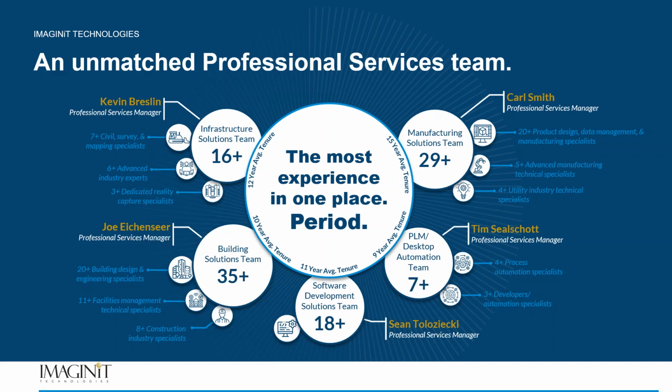So if I look at this diagram, Kevin up in the upper left, he's got an infrastructure team. They do civil work and stuff with water and things like that. Joe's team is a substantial building and construction team of experts. Carl's more around manufacturing design data management. I mean, we're really Autodesk's most trusted partner.